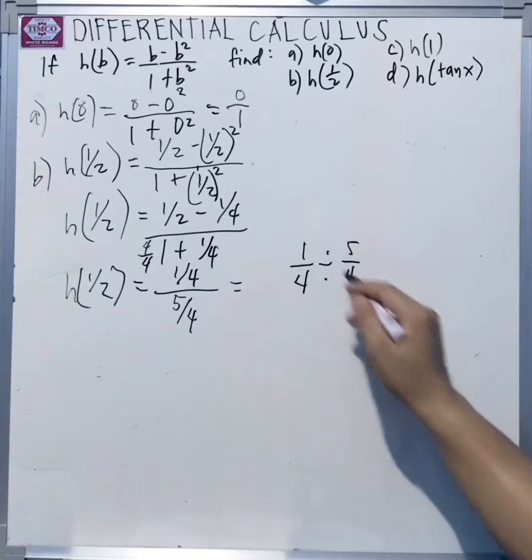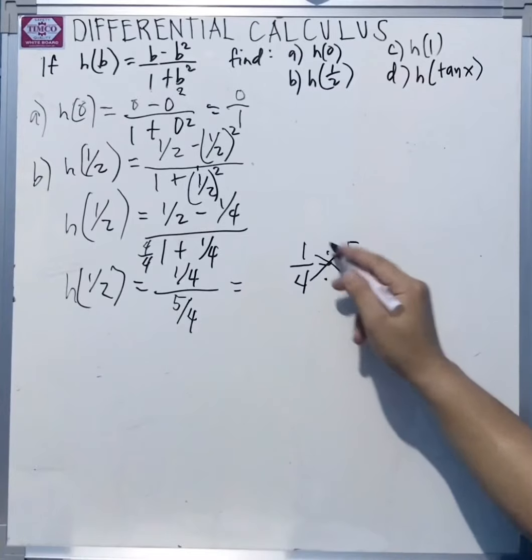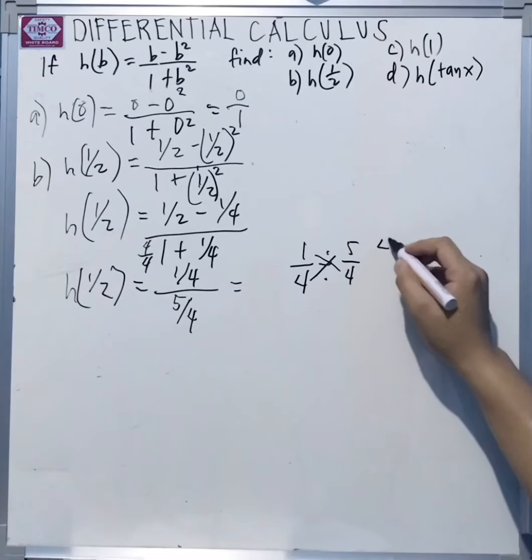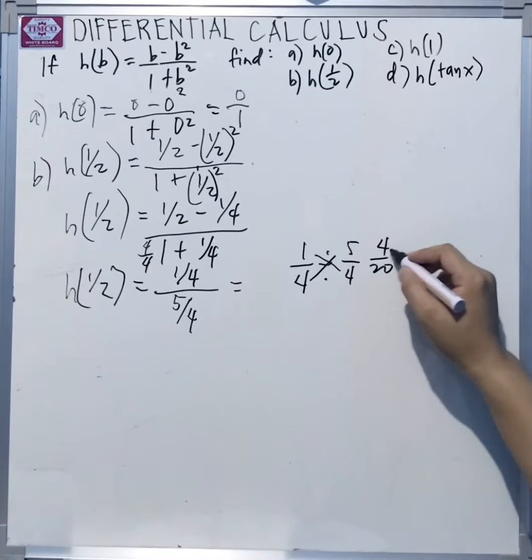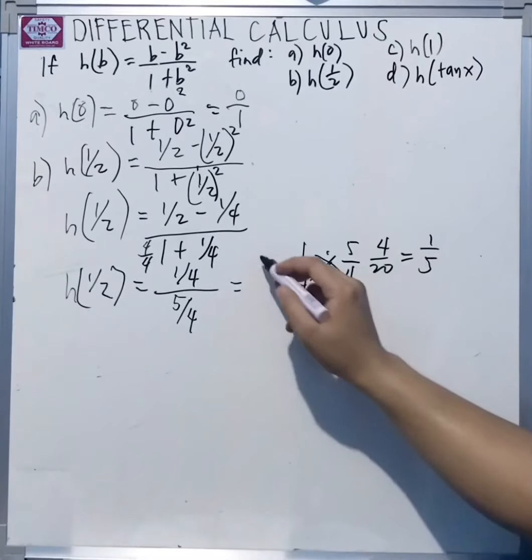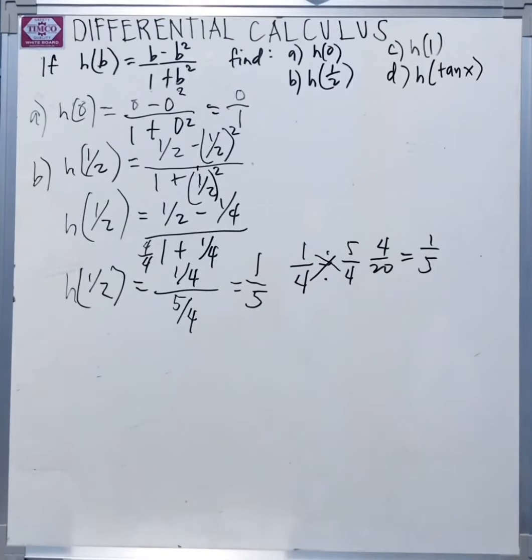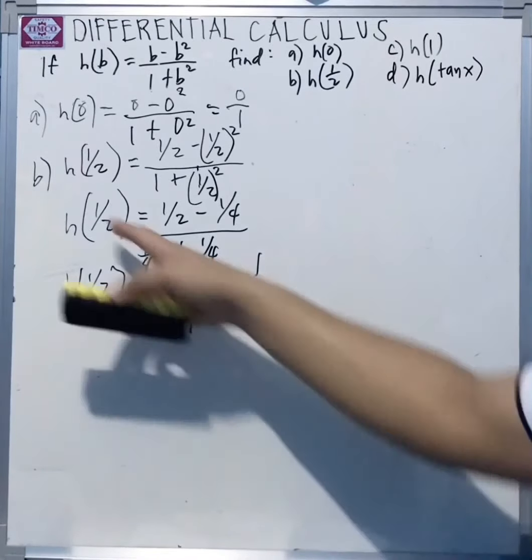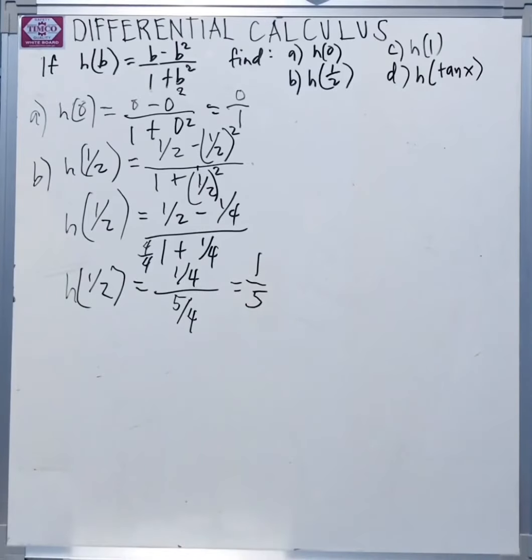So we have 4/20, which is 1/5. So equal siya sa 1/5. Okay? So h of 1 half, we have 1/5.